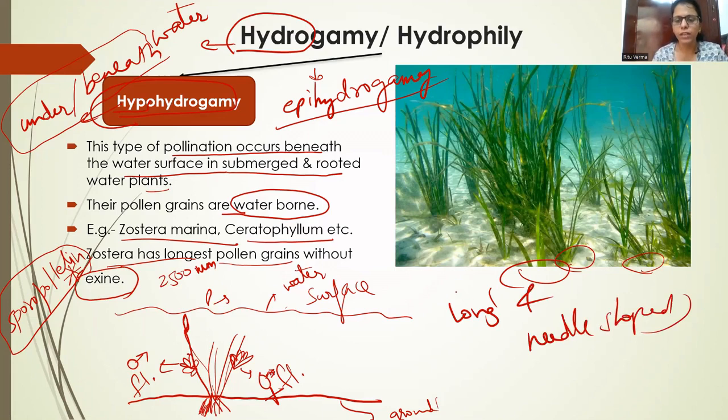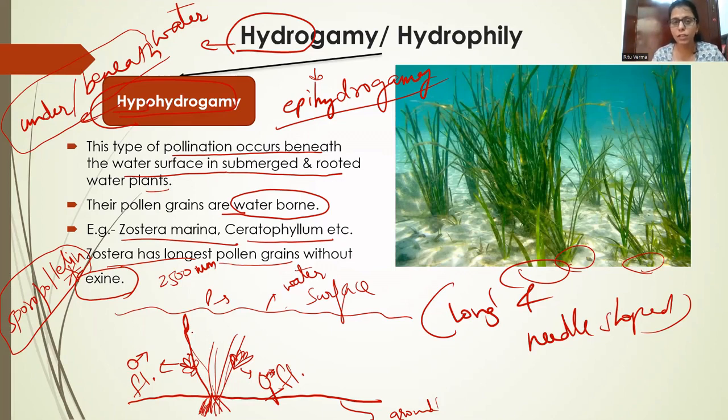One point to be noted here is, if this pollen grain were lighter than water, it would move up and float on the surface of water. If it were heavier than water, it would go down and sink to the bottom. But this pollen grain has a density almost equal to that of water.